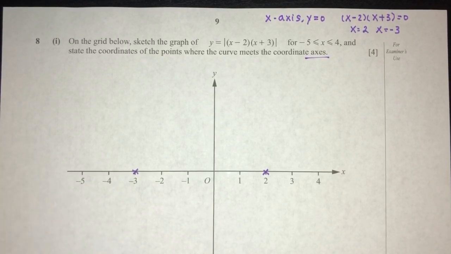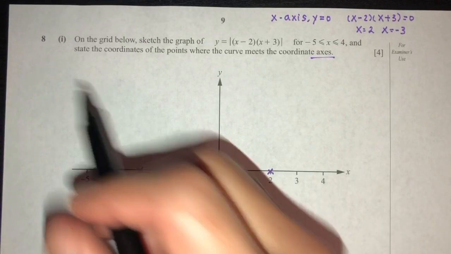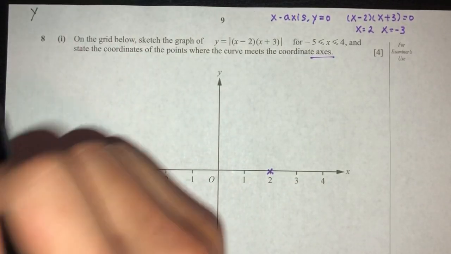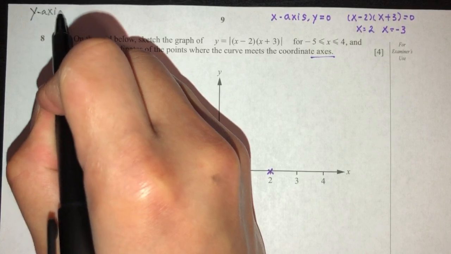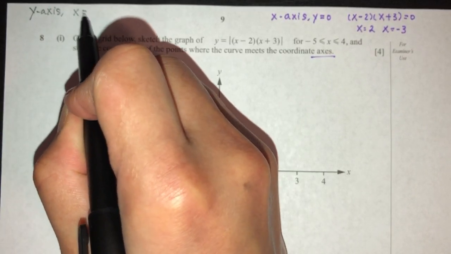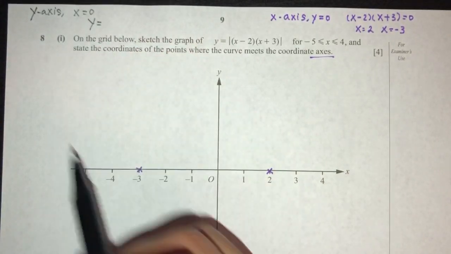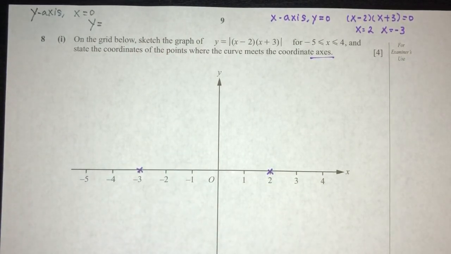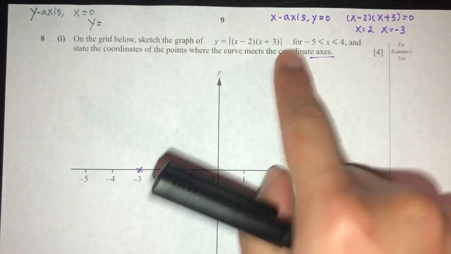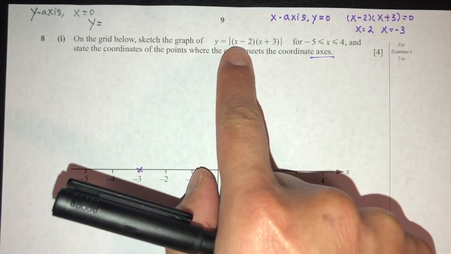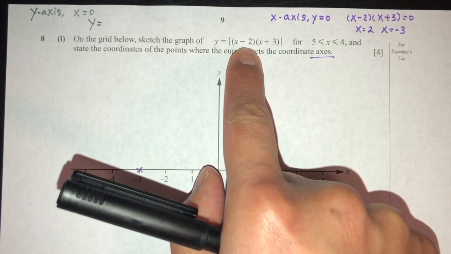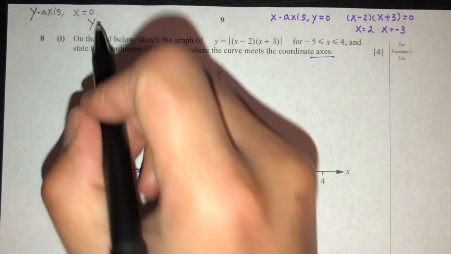Now what else do we need to know on the y-axis? So on the y-axis, we know that x is 0. Replace here, you will have y is equal to, so first let's have a look without the modulus sign. You will have minus 2 times 3, that will be minus 6.